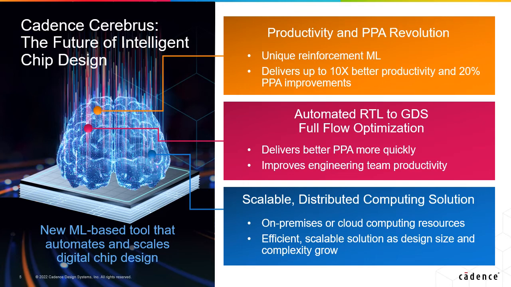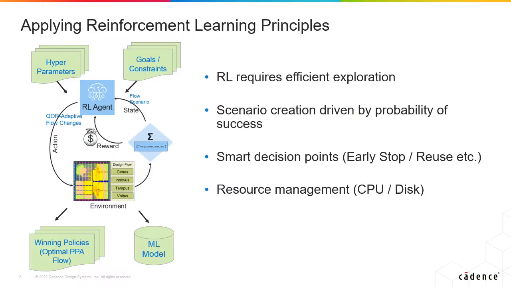If only one stage of the flow is considered, then you will never find the optimal PPA solution. To run the different flow scenarios, Cerebrus utilizes scalable and distributed computing, which can be run on-premise or in cloud. It is a combination of these 3 technologies, reinforcement learning, full flow optimization, and distributed computing, that enables Cerebrus.